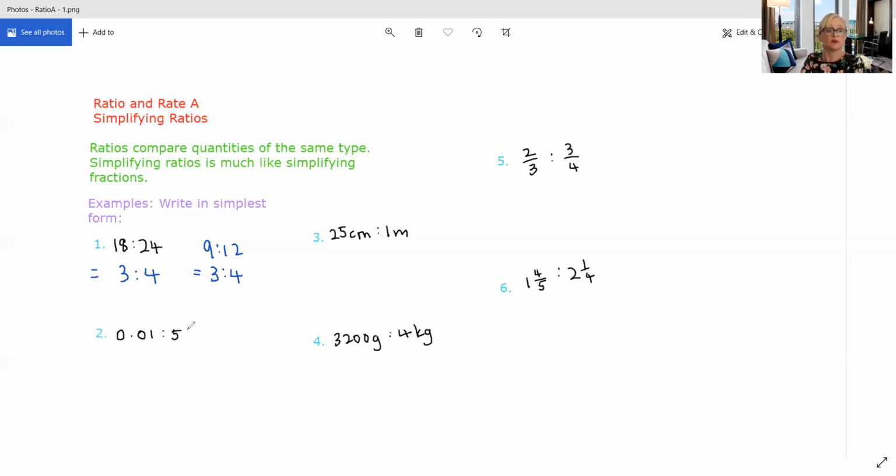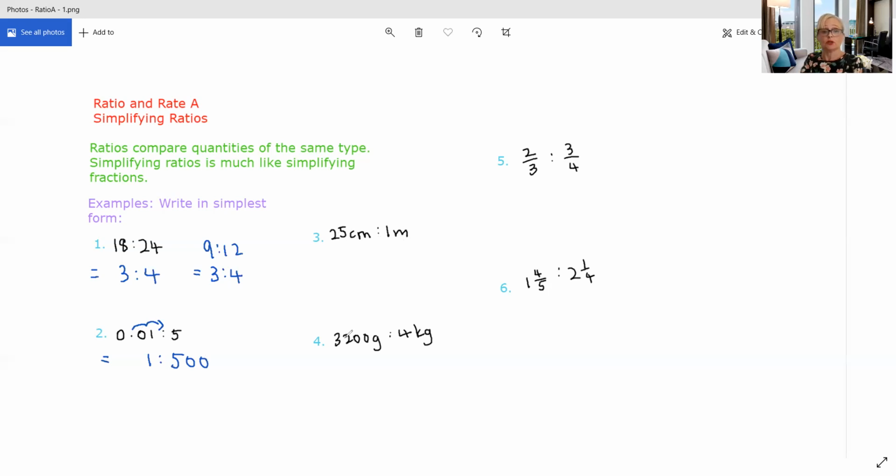When we have decimals involved, we want to multiply both sides by whatever we need to multiply by to get rid of the decimals. In order to get rid of this decimal, I need to multiply that side by 100, and that gives me 1. I can't just do that to the left-hand side. I have to do it to the right-hand side, so I get 1 is to 500.